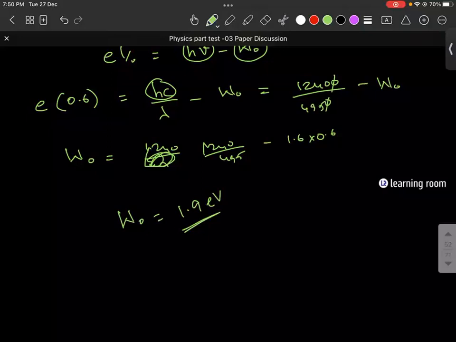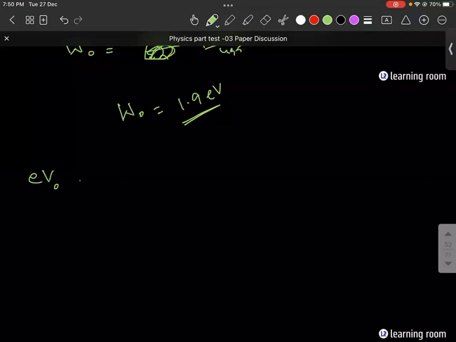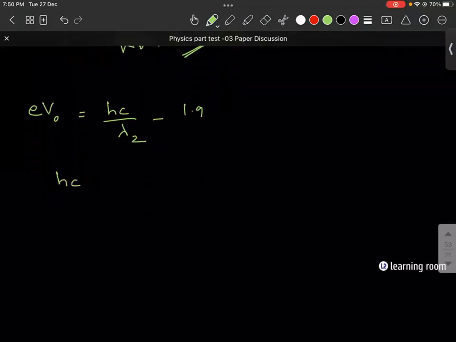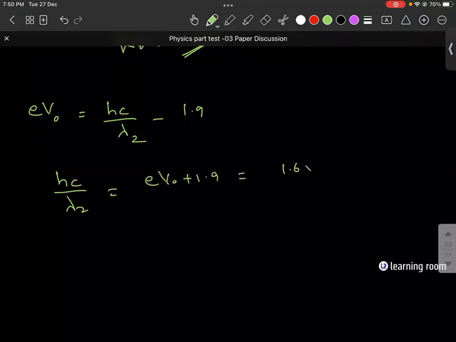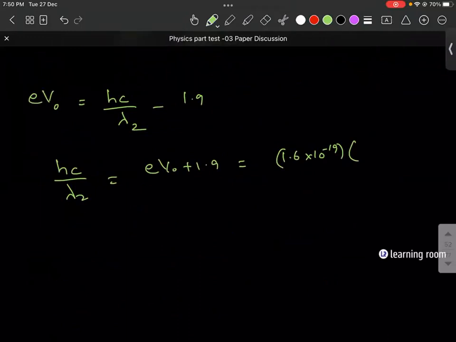Once you get the work function as 1.9 electron volt, again you will write the second equation. e times V naught is equal to hc by lambda 2 this time minus W naught, that is 1.9. So hc by lambda 2 is equal to e V naught plus 1.9. e is 1.6 into 10 power minus 19, into the new V naught, which is 1.1, plus 1.9.